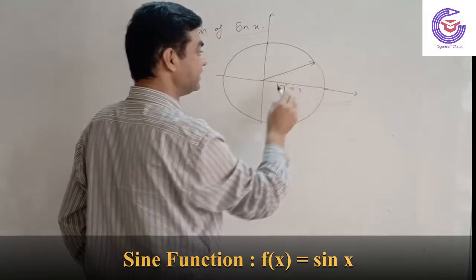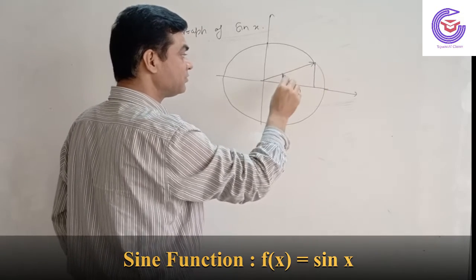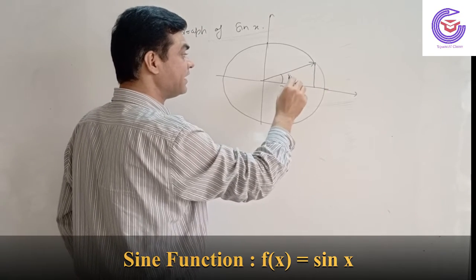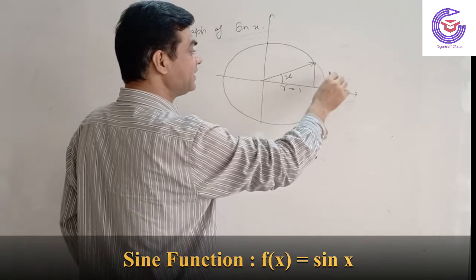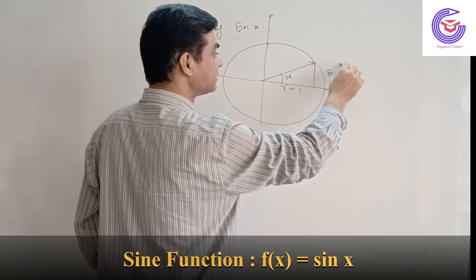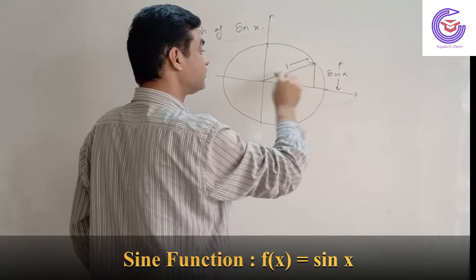Suppose this is your angle x, so this length will be equal to sine x because your hypotenuse is 1.